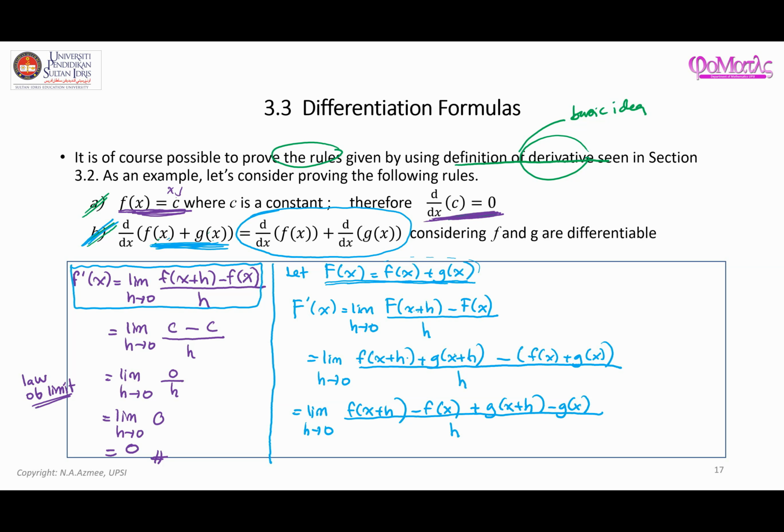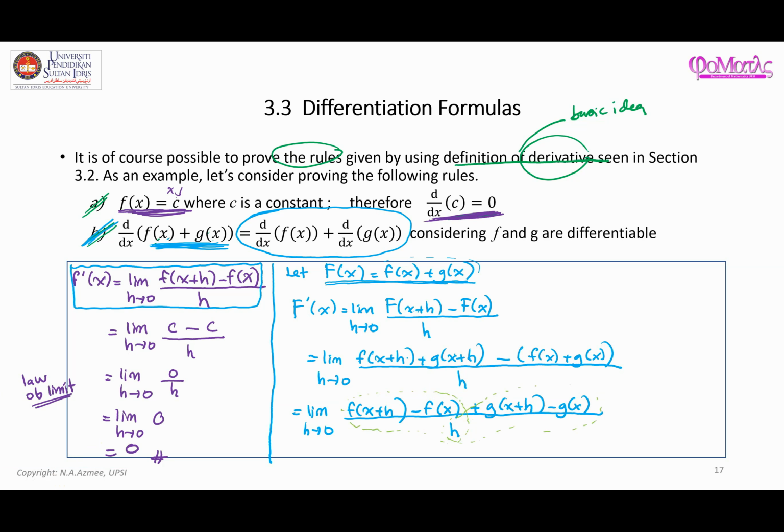Based on the law of limits, you can consider separating this part and also this part. So that's what I'm going to do next.